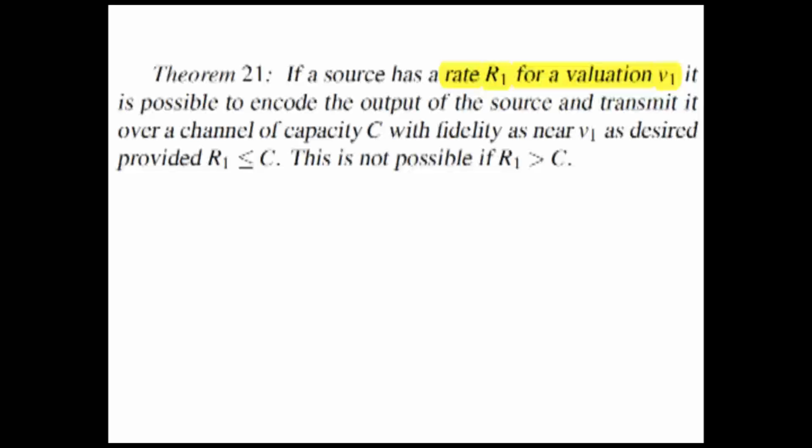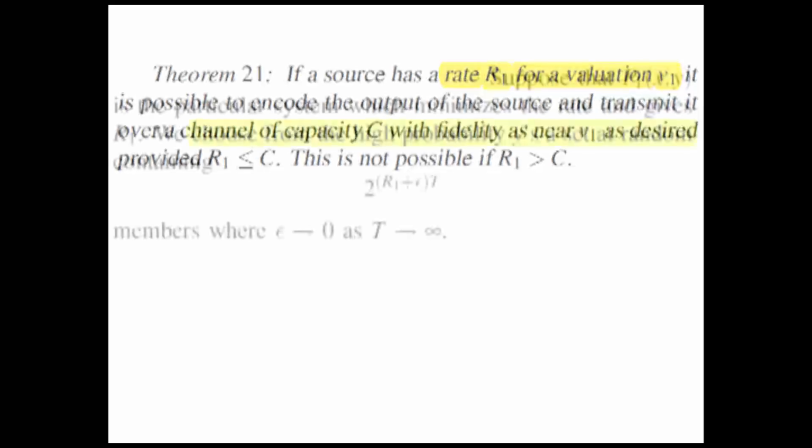All right, so again, he has the result here. It says that you can do it provided that the rate is above the rate distortion function, and it's not possible if the rate is below it. In that case, the converse is really trivial, so we can grant it to him without any doubt.